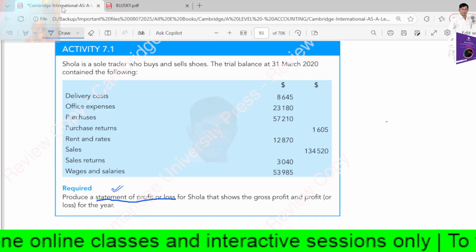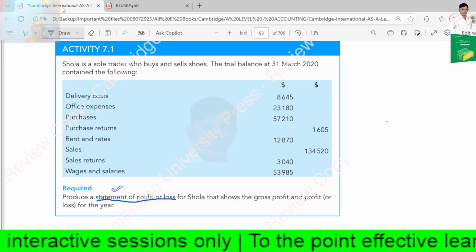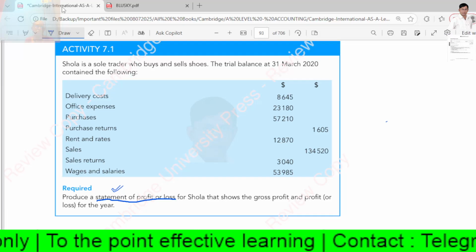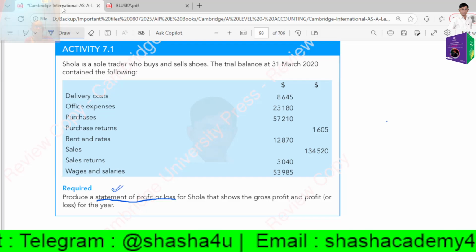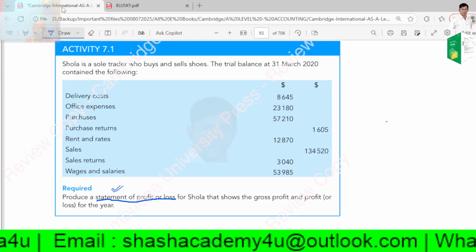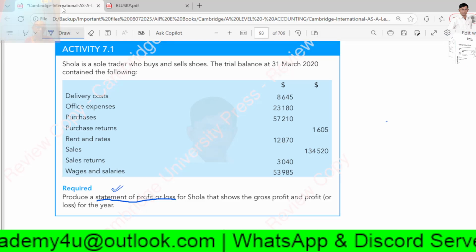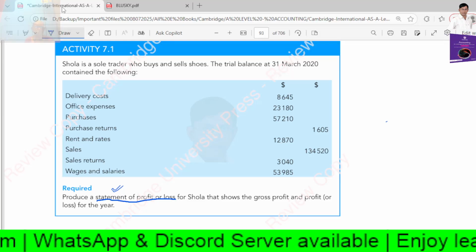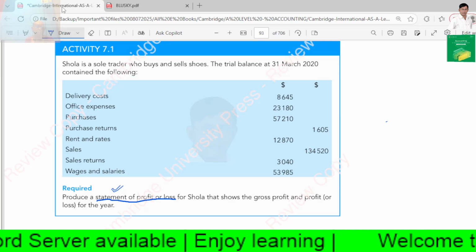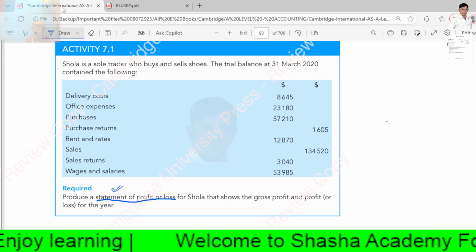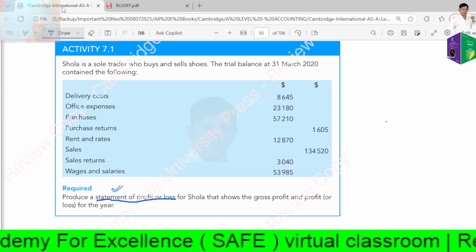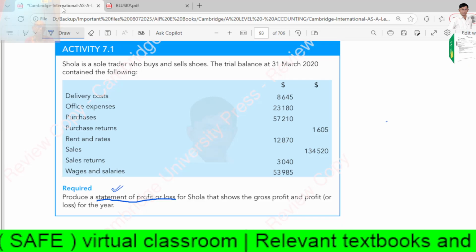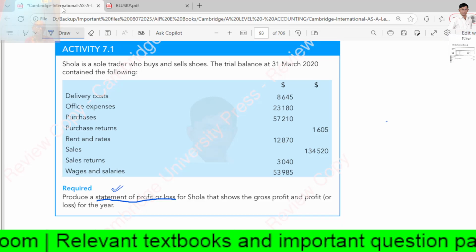A statement we can write in any form, but specifically the statement of profit or loss and the statement of financial position we have to write in a specified format as per the international accounting standards. Since accounting is concerned about presentation, you have to follow the strict format, in a specific way, with specific steps.